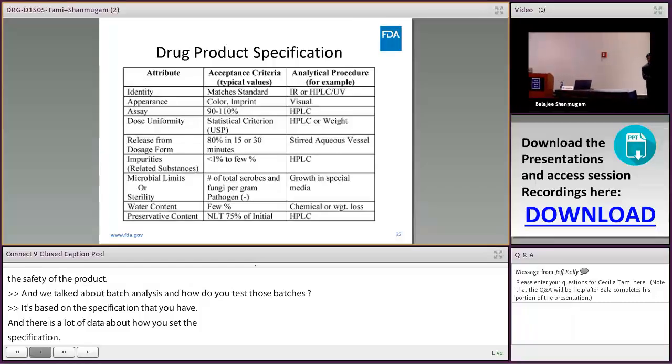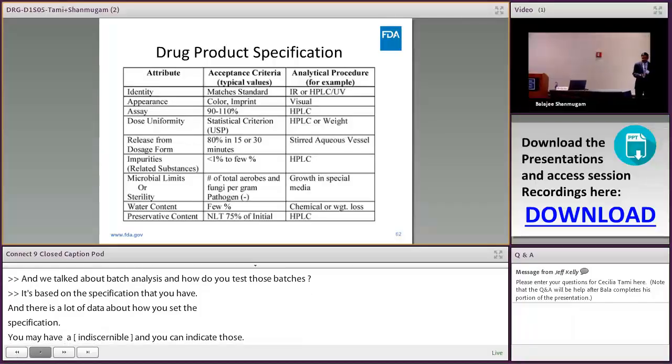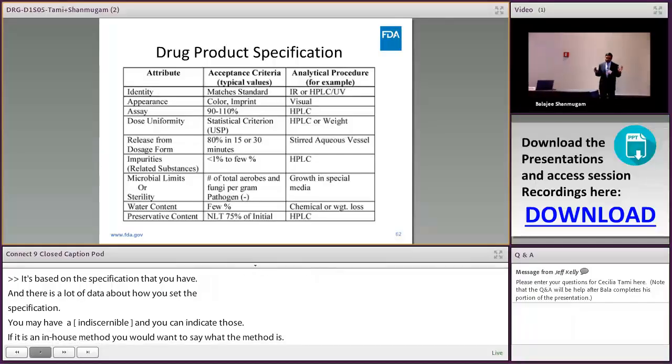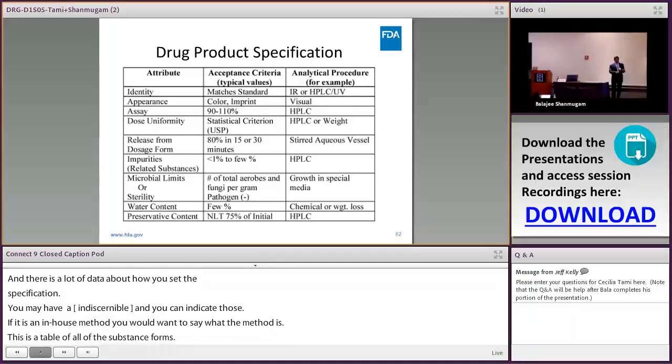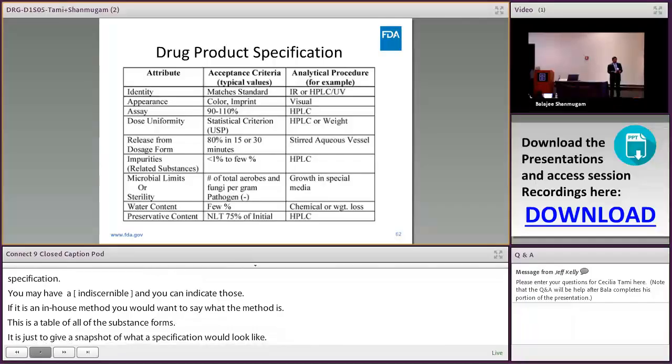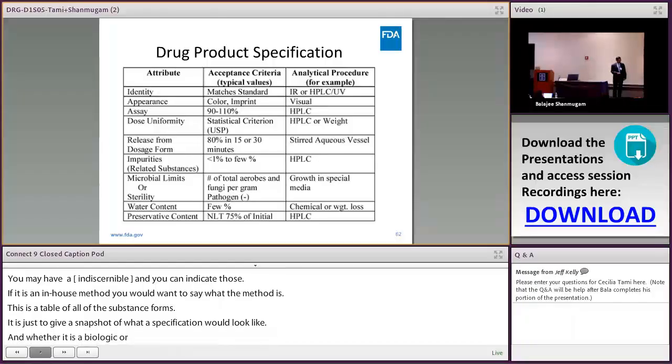This is a cocktail of all the dosage forms. So you can look at sterility and then release. It's just to give a snapshot of what a drug product specification would look like. And irrespective of whether it's a biologic or a small molecule, you would have to know the ID, who is in there, appearance, what they look like, assay, dose uniformity, release if it's a solid oral.